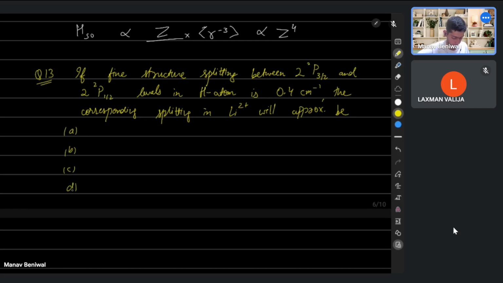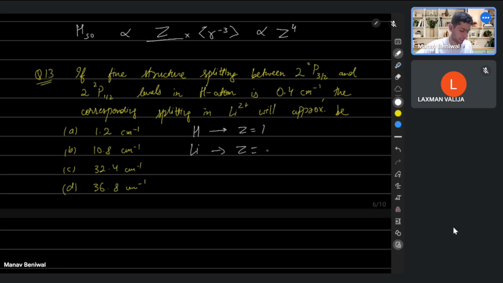and here we have four options: 1.2 per centimeter, 10.8 per centimeter, 32.4 per centimeter, and 36.8 per centimeter. Okay, so for hydrogen, Z is 1, and for lithium, Z is 3.